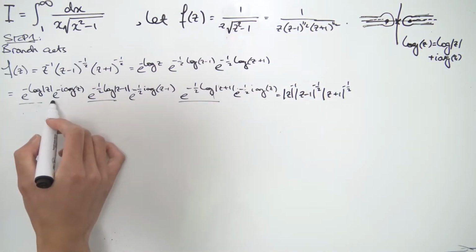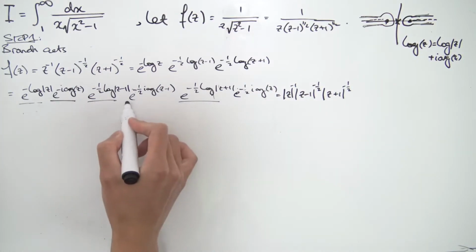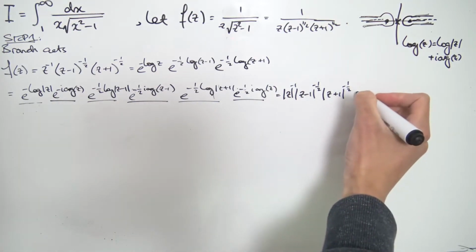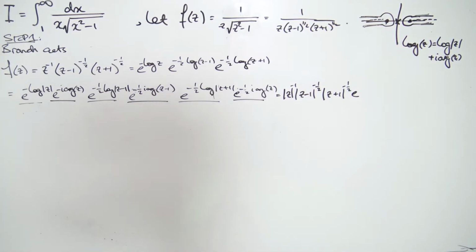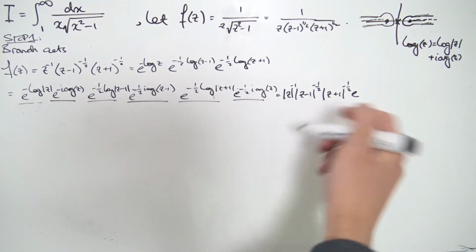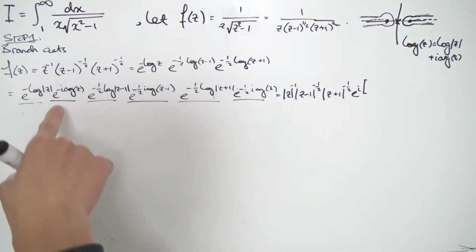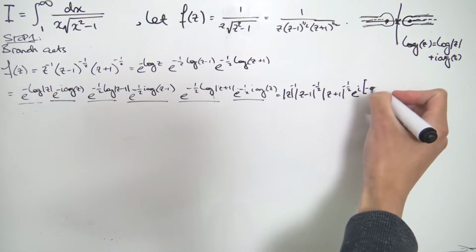Next we have the arguments as well, so these are the remaining factors over here. Notice they all have base e, so we can have a common base of e, and they all have i's everywhere, so we can factor out an i. Now what's left, we're going to have minus the arg of z.